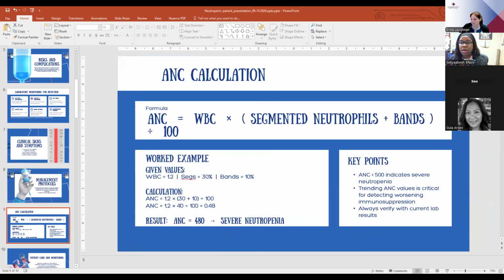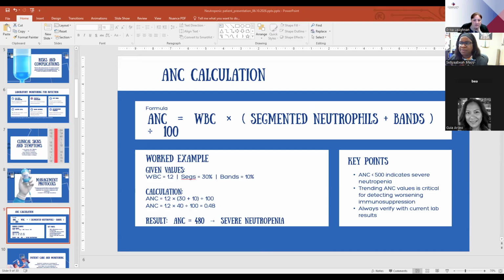We also want to emphasize how to do the calculations for these neutropenic patients. So it is the ANC, which is equal to the WBC times the segmented neutrophils plus bands, divided by 100. So let's give an example right here. A WBC is 1.2, segmented is equal to 30%, and bands is equal to 10%. So we're doing our calculations as it shows.